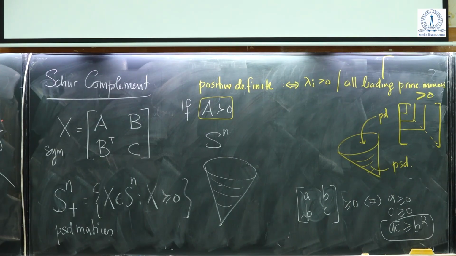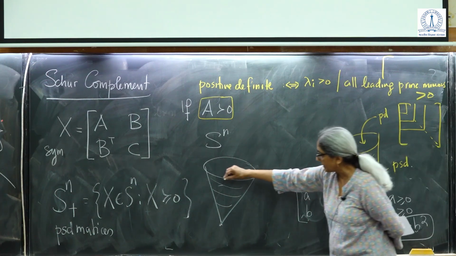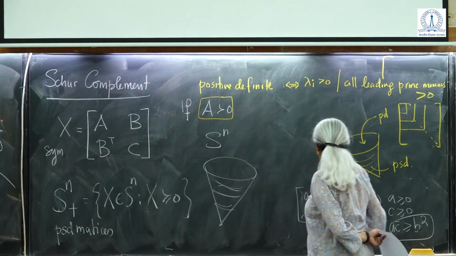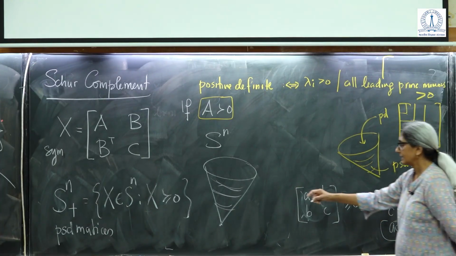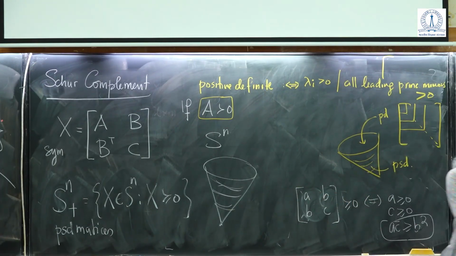So you do need these other conditions to fully cut out the cone. But the polynomial that vanishes on the boundary is exactly this. I'll show you a picture later, please remind me. If you just take the determinant, it's sort of a wild thing, but you need these extra pieces to cut it out. So it's a convex cone cut out by these polynomial inequalities.